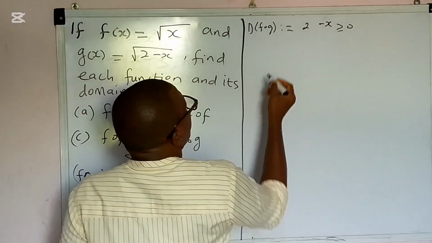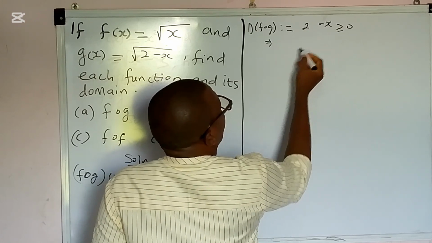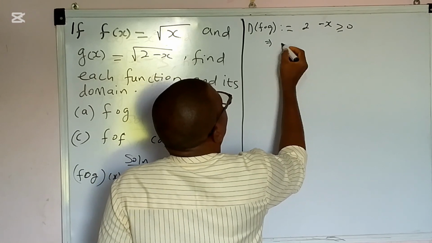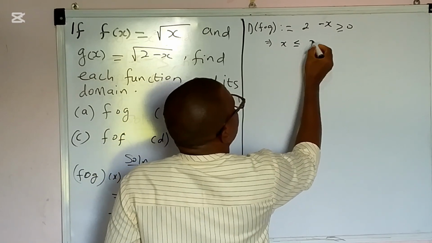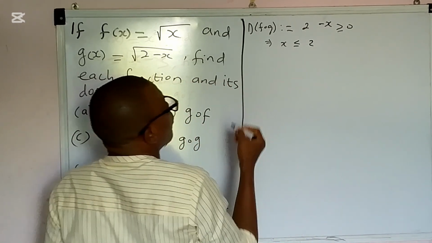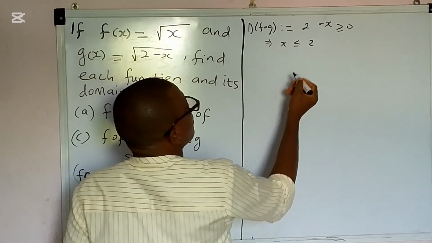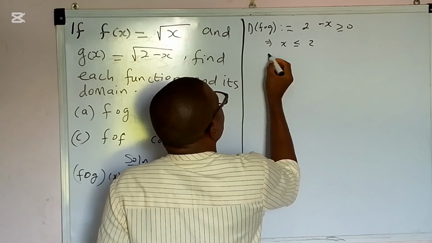And so with this, you discover that the domain will be such that x is less than or equal to 2.